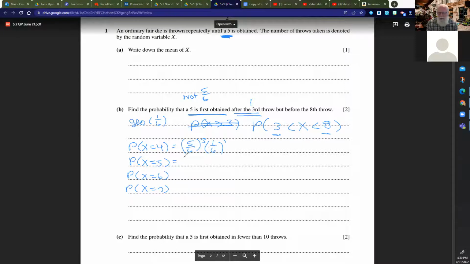How would I figure it out if my first success wasn't until my 5th try? How many failures would I have to have? 4. And then I would have my 1 success. Yes? What if the first time I have a success is on my 6th try?